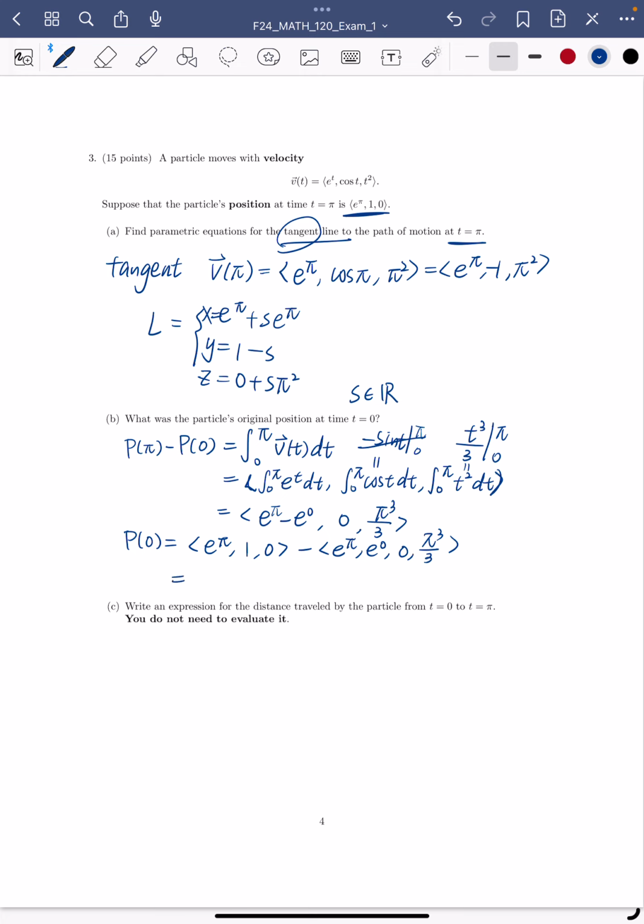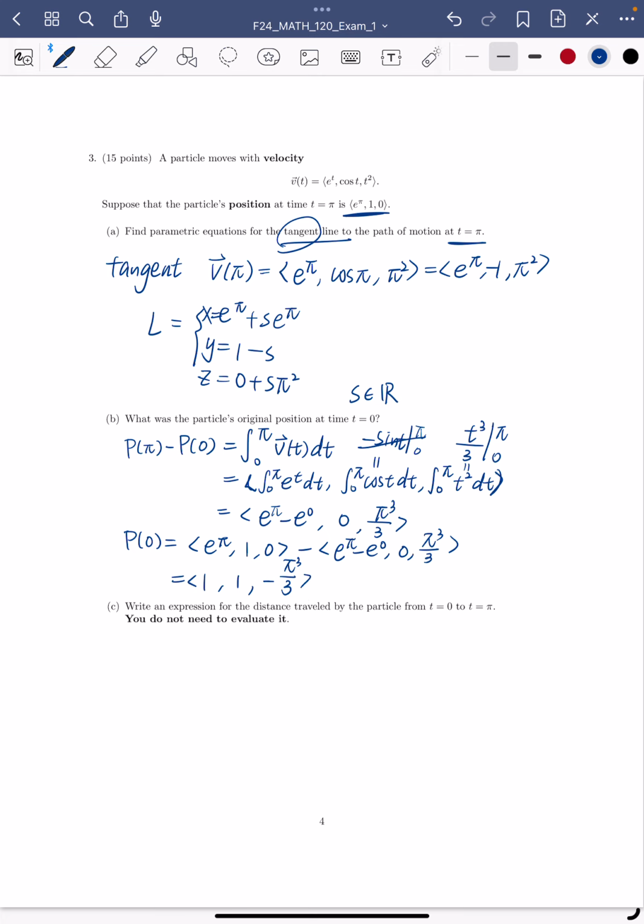So there's minus here, so we get 1 minus pi cubed over 3.